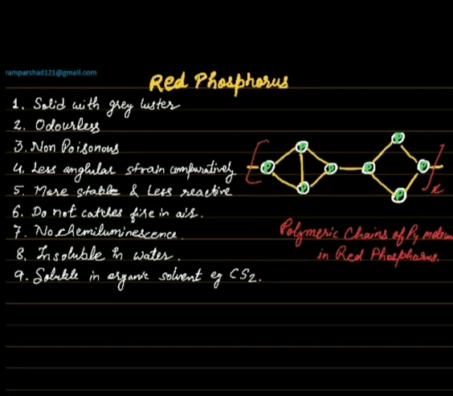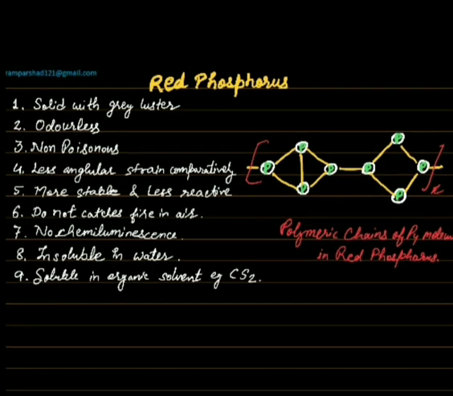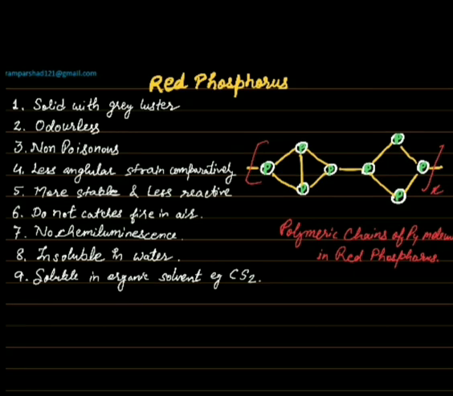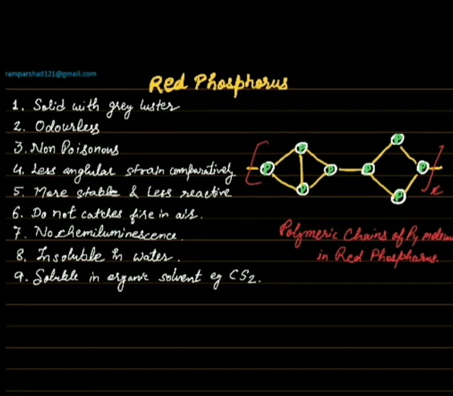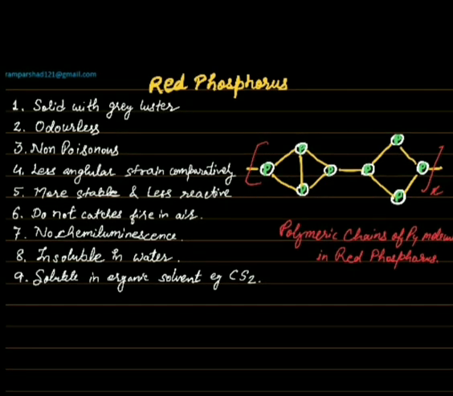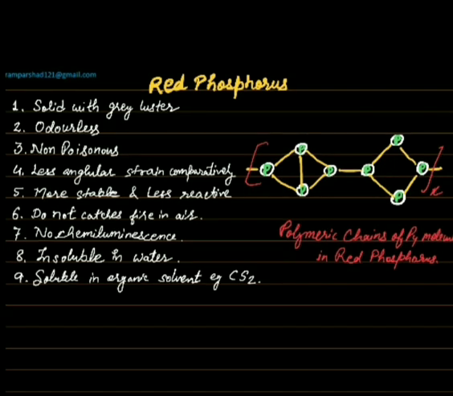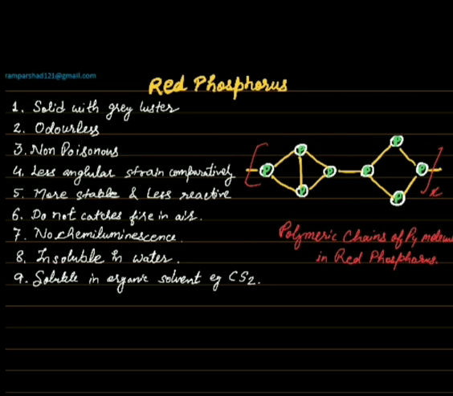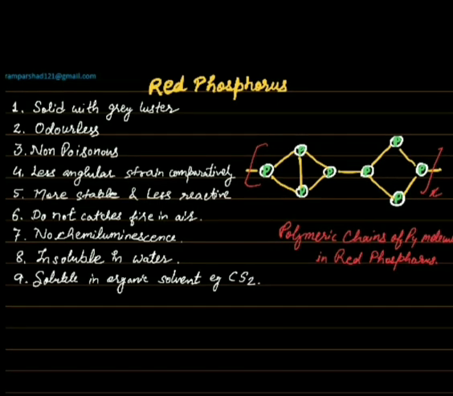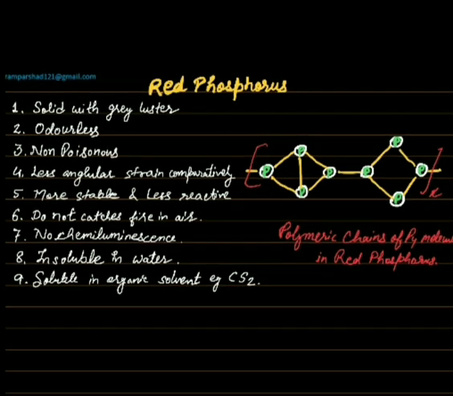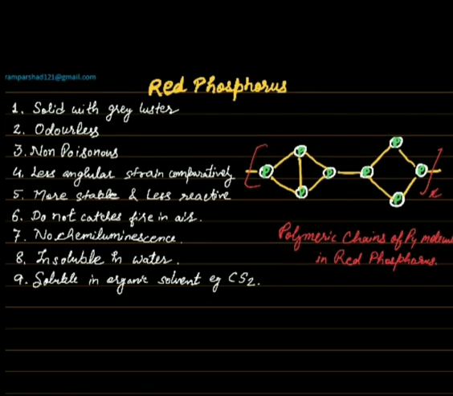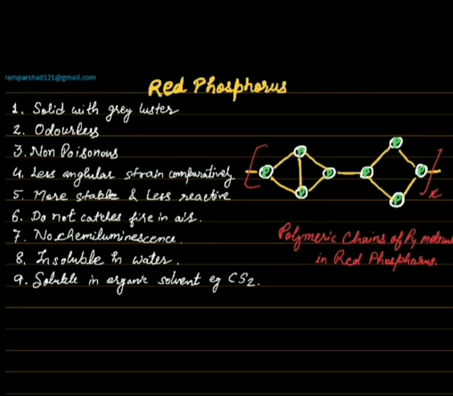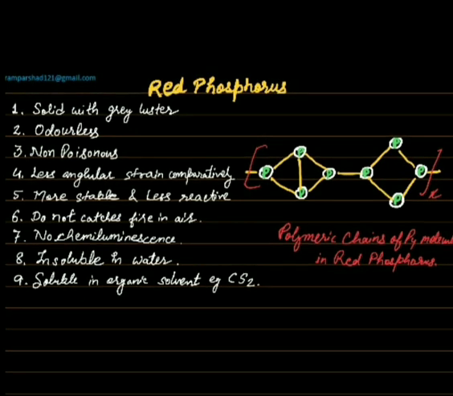In the structure, we can find that each phosphorus is making 3 bonds with other phosphorus atoms. So, from the structure of the red phosphorus, we can find that angular strain is less. So, it imparts more stability. Its stability is quite large compared to the white phosphorus.